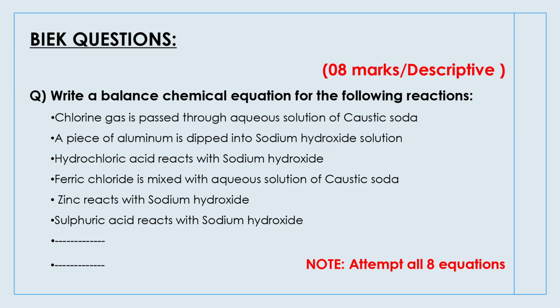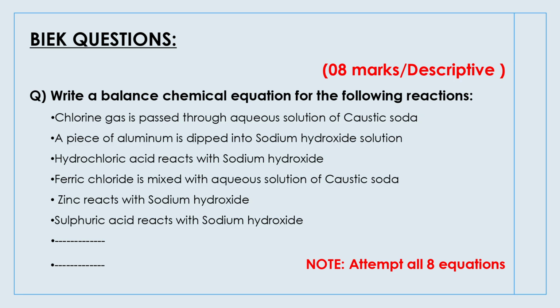Then the second key is that when you attempt this question, make sure that the equation you write is complete. It means the reactants must be mentioned, and then all the products that are formed by the reactants must also be written down in your copy.